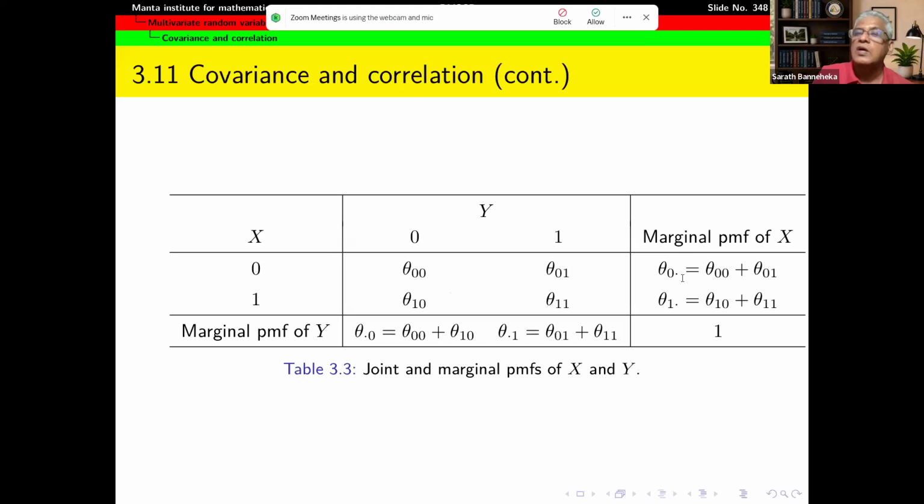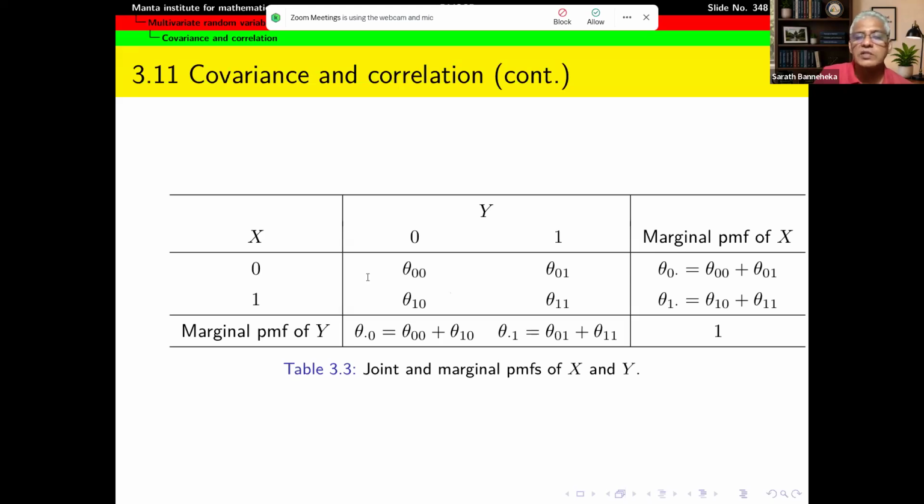So that is denoted by a dot in the mass function. That is a common notation. So that is actually theta 0,0 plus theta 0,1. And similarly, when you add this row, you get theta 1 dot. So those are the two marginal probabilities, x equal to 0 first and x equal to 1, this one.